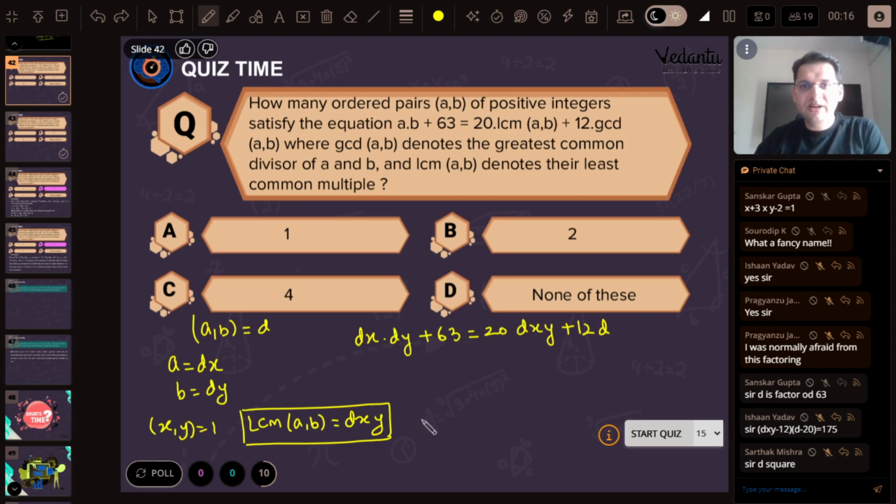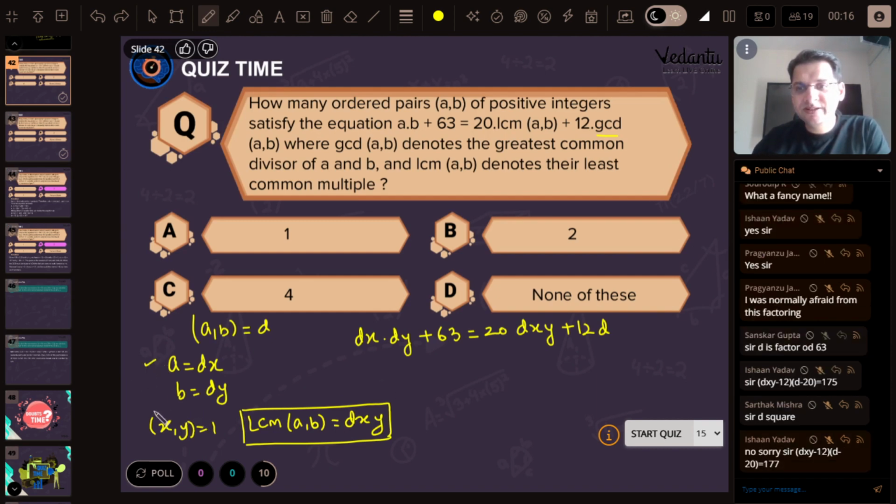So guys, whenever in a question we are given LCM, GCD, we always start with GCD. So let the GCD of A and B be d. So A is dx, B is dy.